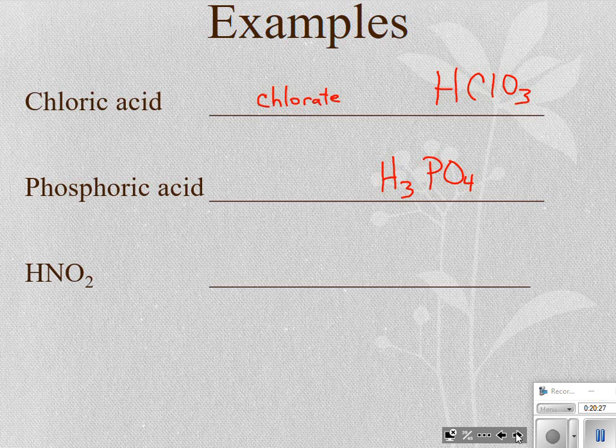Acid rule number 2, an ITE ending. Acid rule number 2 says that if I have an ITE ending, I replace the ITE with what? OUS, and add the word acid. What if I didn't add the word acid, and just had nitrous? It's not right.